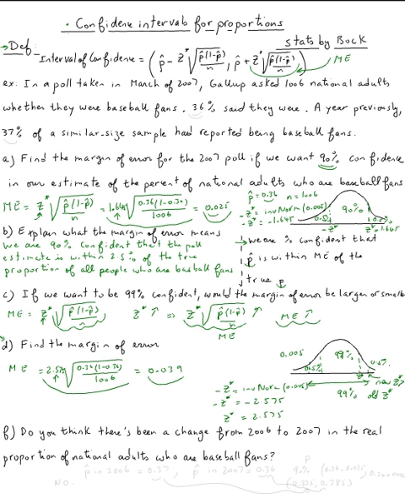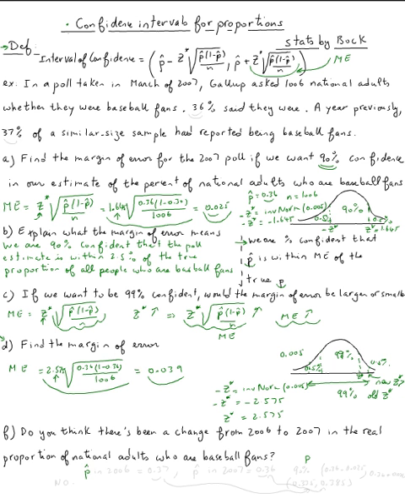All right. Now, for question F, do you think there has been a change from 2006 to 2007 in the real proportion of national adults who are baseball fans? In other words, we're talking about P. Does P change? So let's see what we know.